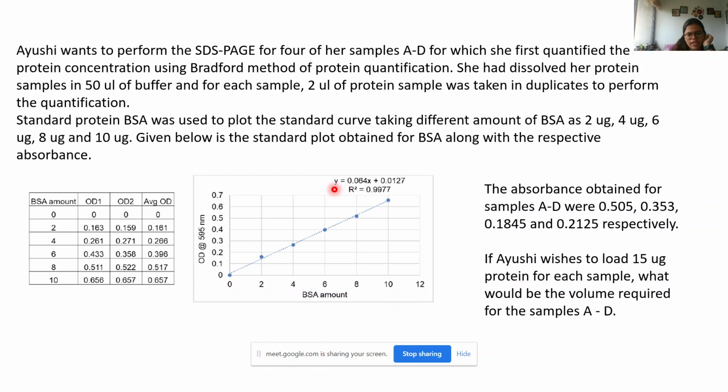Here y, which is the OD, equals 0.064x. X is the BSA amount. So you will get the value of x when you have the value of y, that is the OD for all the four proteins. From this equation, you will get the values of x, that is the protein amount for protein A to D.